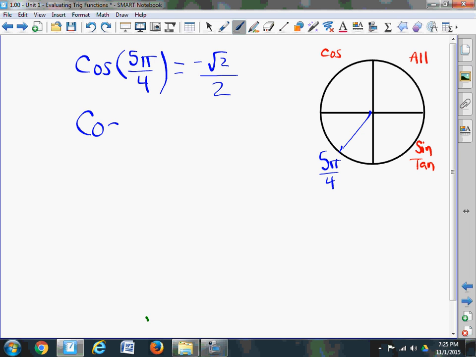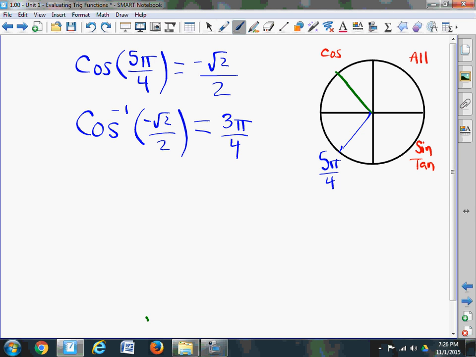Now the inverse cosine of negative root 2 over 2 is equal to 3 pi over 4. Basically it's the smallest angle that also has a cosine of negative root 2 over 2. It's that second quadrant angle, the reference angle in the second quadrant.